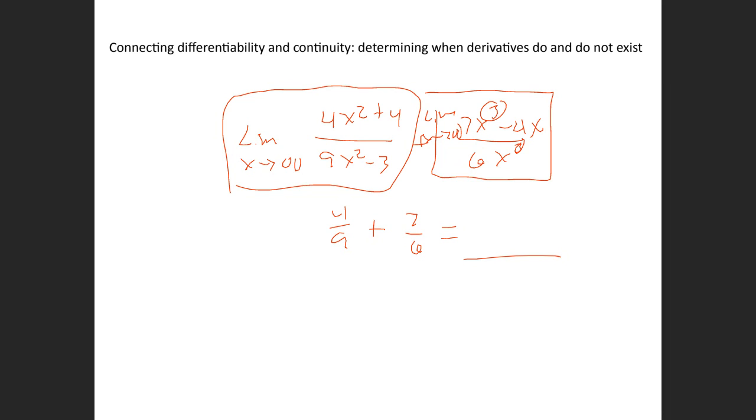Number 3, 2b, function is not defined at 4. Let's see here.